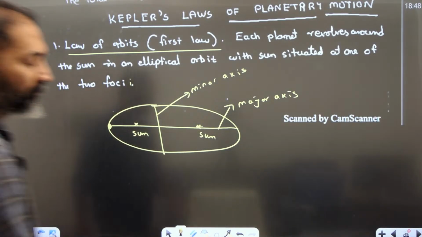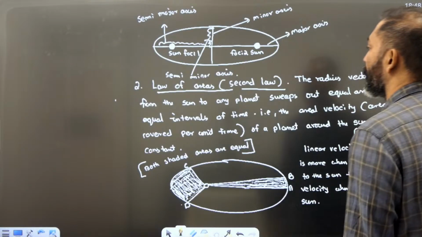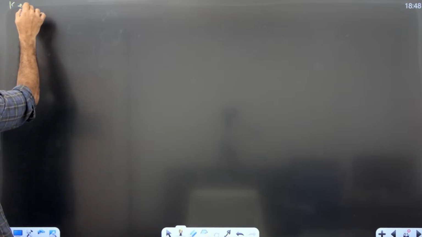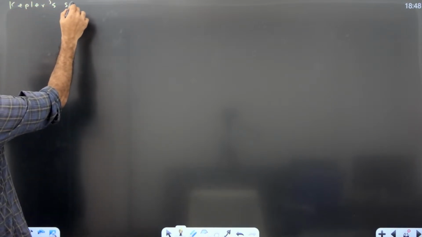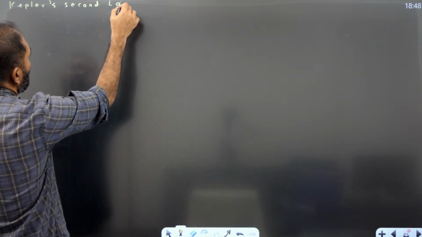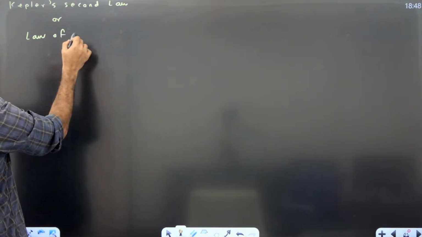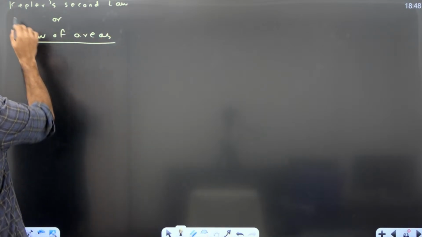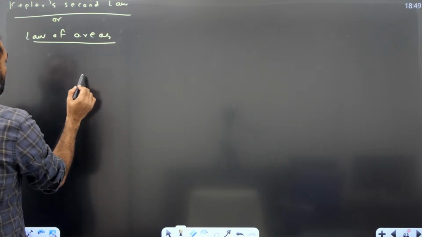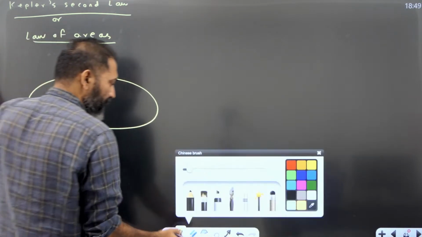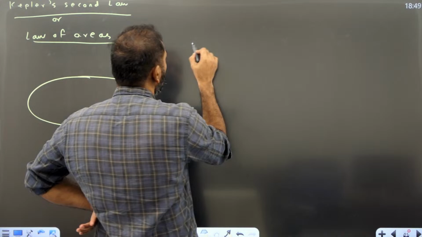Next, Kepler's second law. Let me write that. Kepler's second law, or law of areas. What is this law? Let's see. Each planet, let me write the definition.